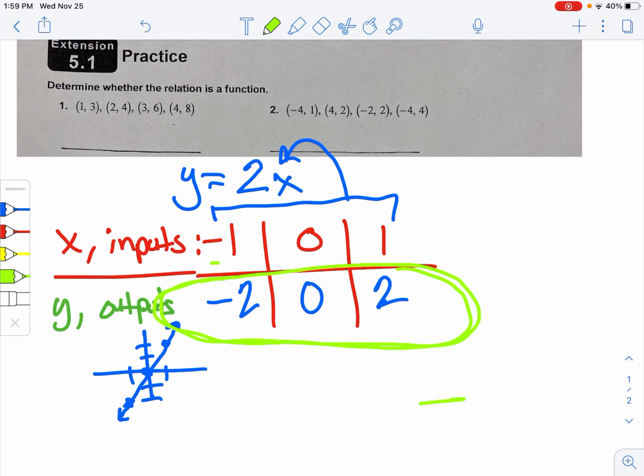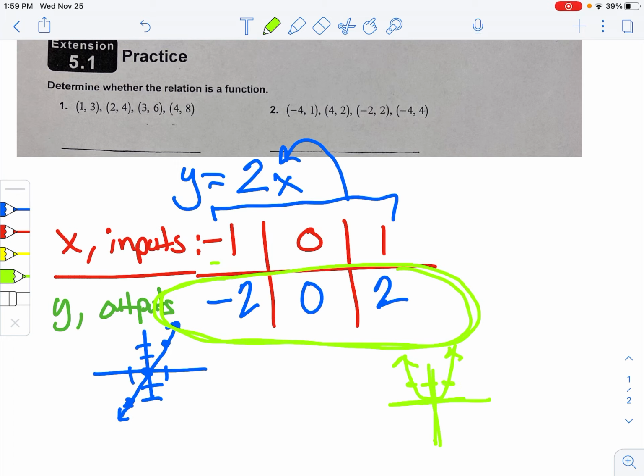Now, in this case, they do not. But if we had a graph that maybe looked like a parabola, we would have, maybe at 1, we would have y values that would repeat, and that's okay. We still can have a function.